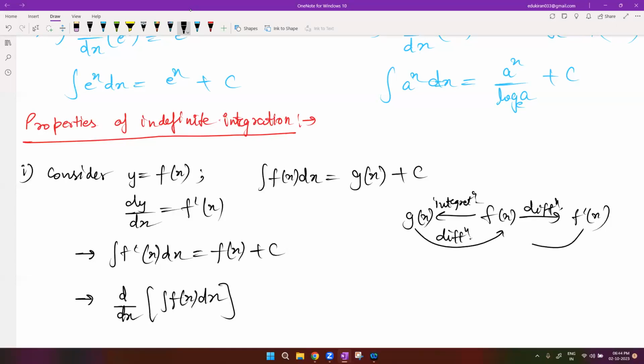And similarly, if you integrate f dash x, I could have written this f dash x as hx as well. You can consider this a new function, but we know how we write the derivative form of a function: we just put a dash. This means that we are taking the differentiation of this function fx. So if we integrate f dash x, then we will reach back to fx. That is what we are saying. If we first integrate fx and then differentiate it, we will reach back to fx.